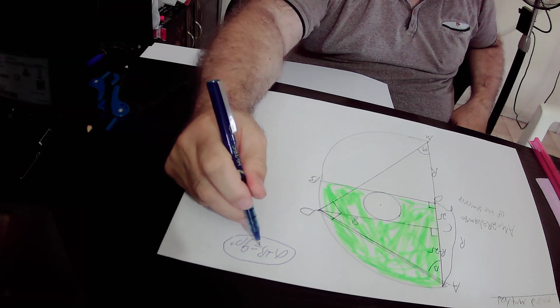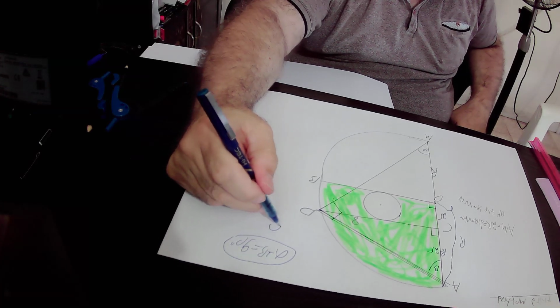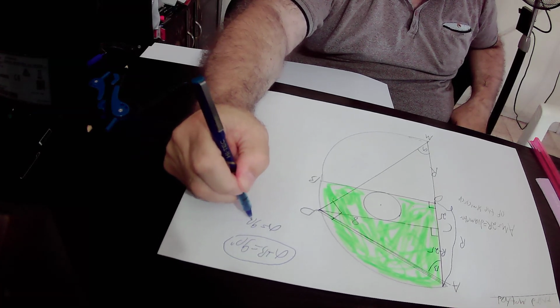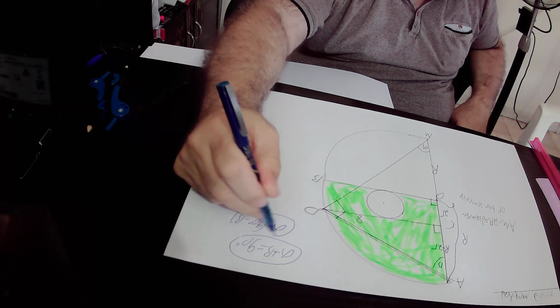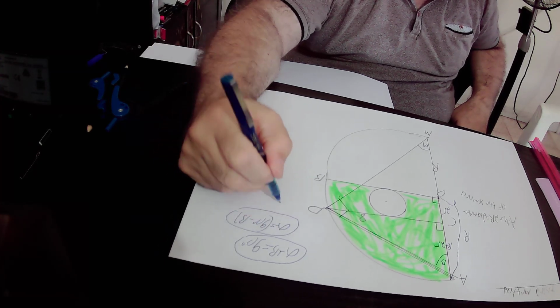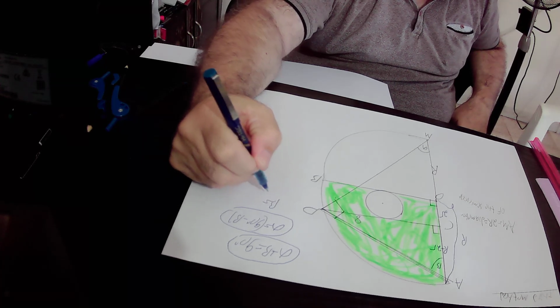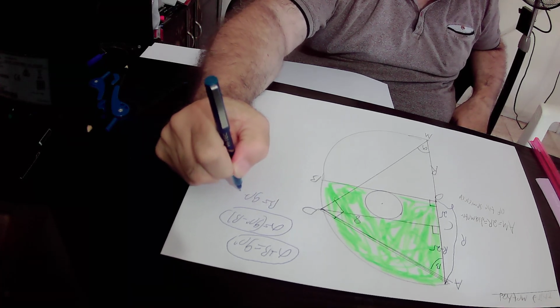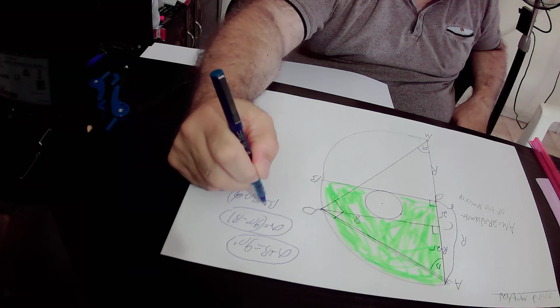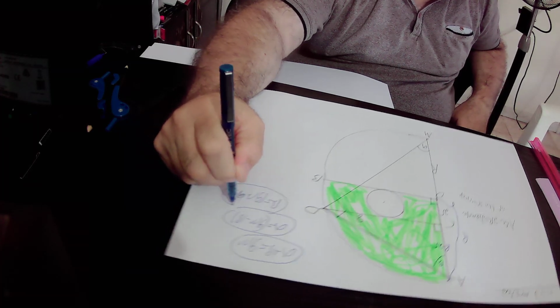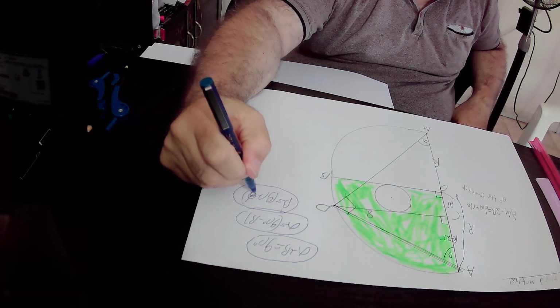If we subtract beta from this equation, we get that alpha equals 90 degrees minus beta. And if we subtract alpha from this equation, we get that beta equals 90 degrees minus alpha.